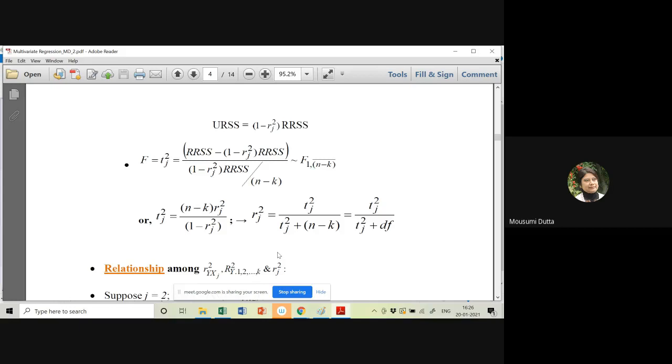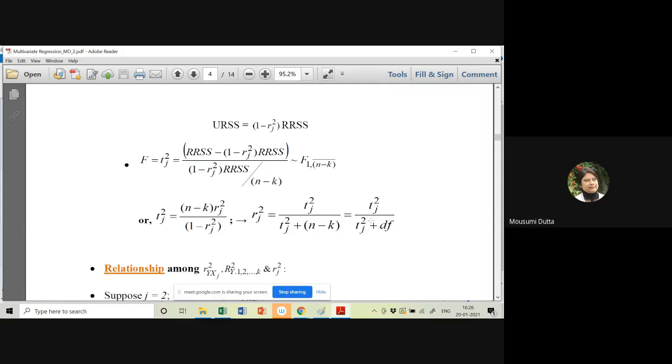So when we have more than one explanatory variable in our model, this kind of relationship, that is r square is equal to t square by t square plus degrees of freedom, can be established only in terms of partial r square, because t is related to the individual regression coefficient, and this partial r square is also related to the individual coefficient.